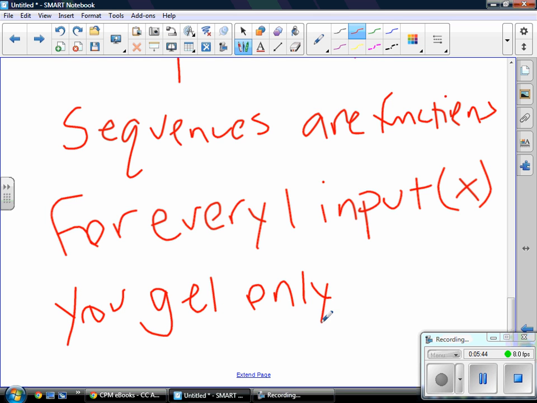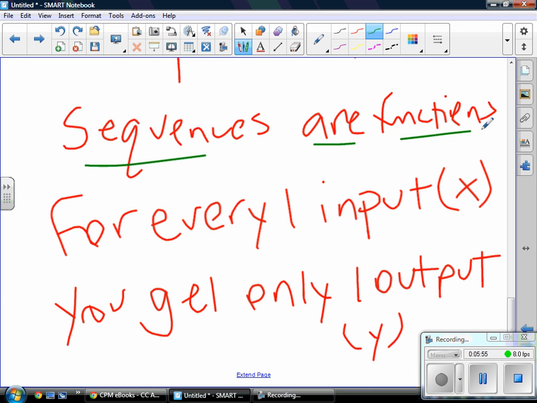Only one. So it doesn't matter if the points are connected; in a sequence they are not connected. The most important thing is the 1-to-1 ratio. So sequences are functions.